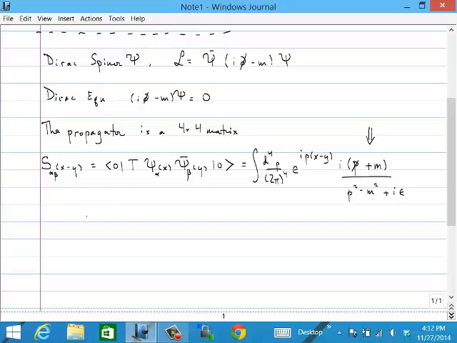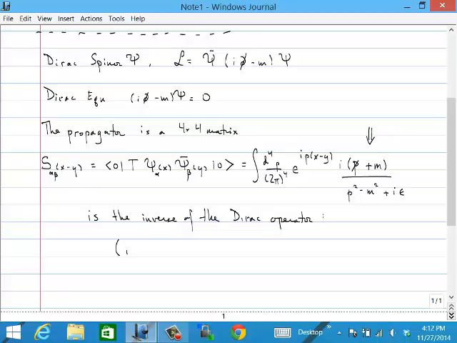The idea is that this is the inverse of the Dirac operator in the sense of Green's functions.